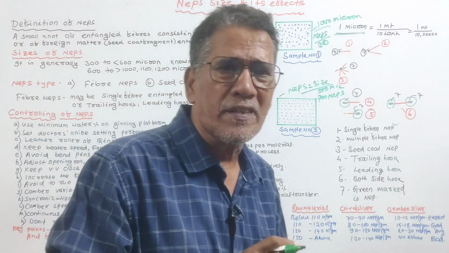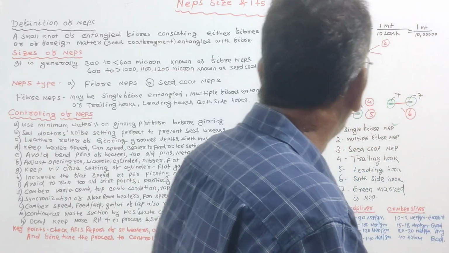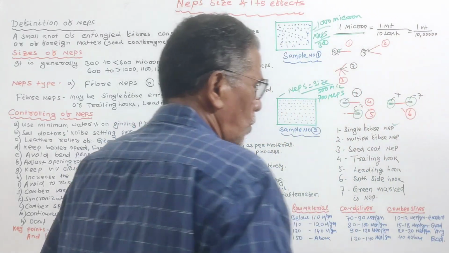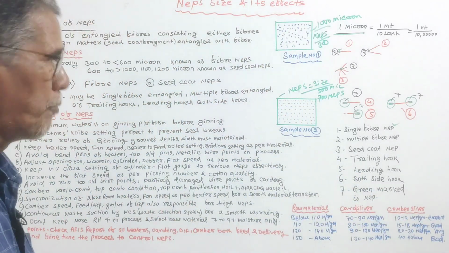So nep size is important in a spinning unit. We have to control the nep size and the number of neps both.